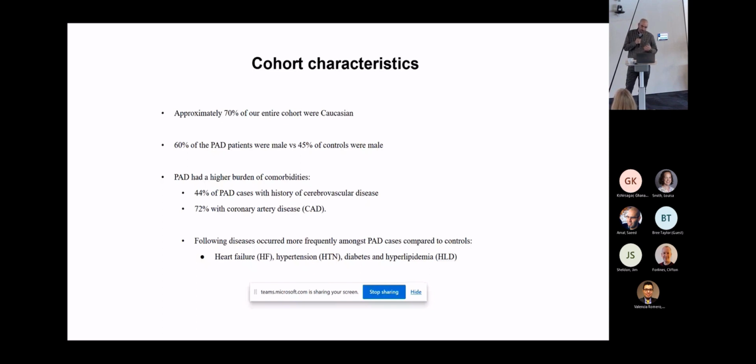For the high-burden comorbidities, we found that 40% of the PAD patients had cerebrovascular disease and 72% had coronary artery disease. Other diseases that occur with this disease were heart failure, hypertension, diabetes, and hyperlipidemia.